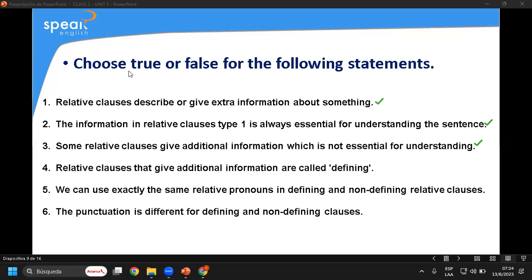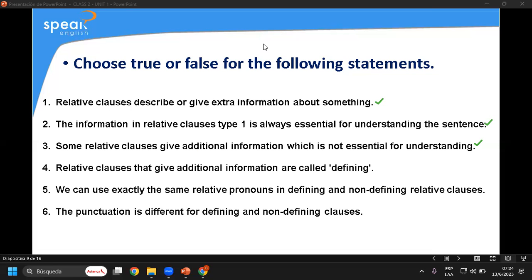Come on, let's participate. Relative clauses that give additional information are called defining. Thank you. Is that true? I think it's false. And you, guys? False too. Why do you think that is false?